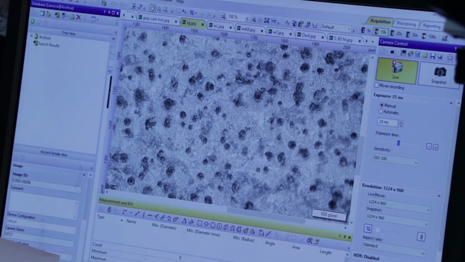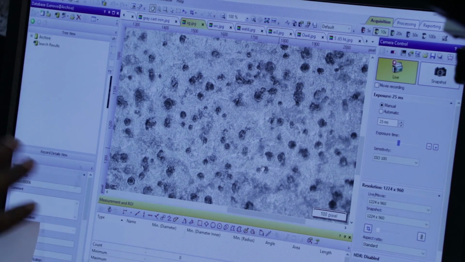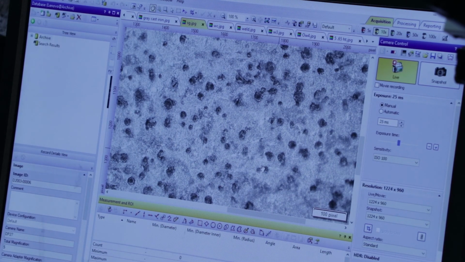Here graphite forms nodules or spheroids, so it is called spheroidal cast iron; it looks like nodules this way. From this microstructure we understand different mechanical properties of this material, say hardness, stiffness, and many other mechanical properties we determine from this microstructure.